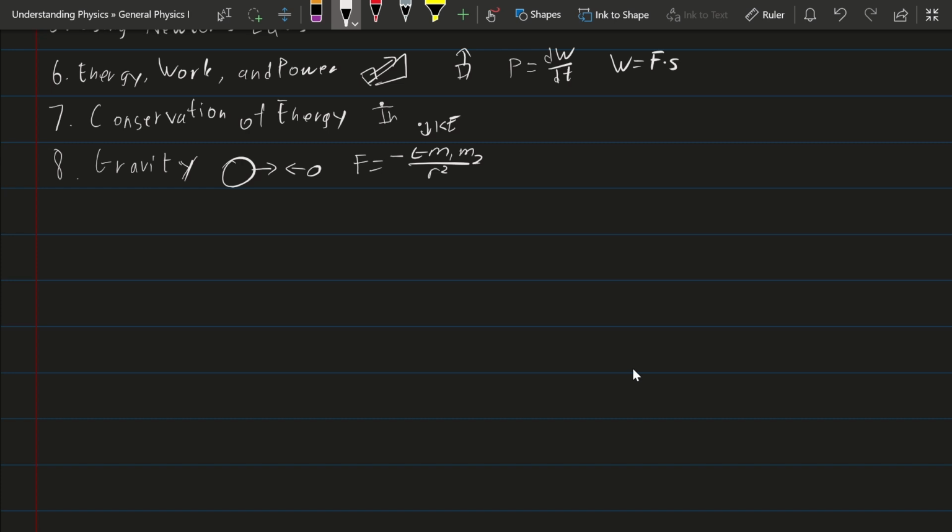And this will later relate towards why we have the gravitational acceleration to be a constant, as well as the energy and the velocity needed for you to get out of its orbit.